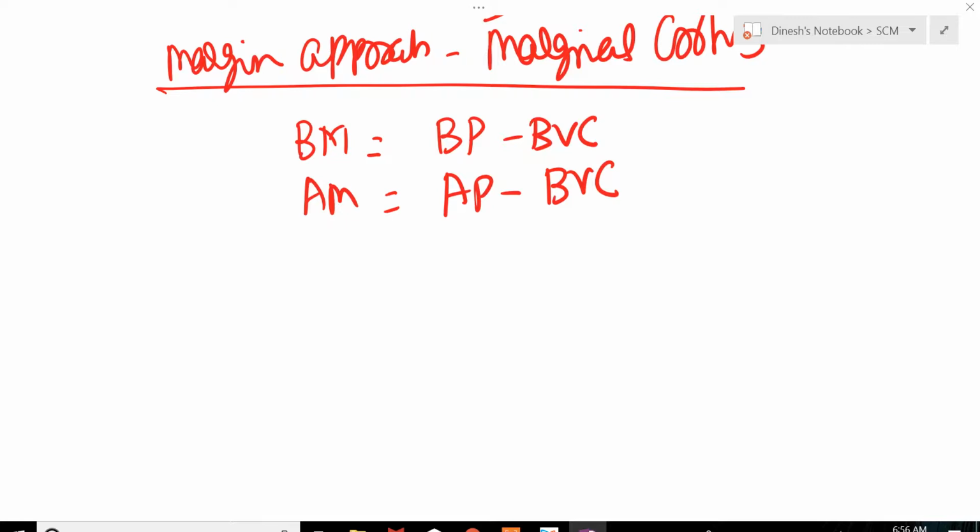Clear? Now we'll proceed with this to the question which we are doing. Any doubts on this? Now let's do first under absorption costing. Next, the problem which we were solving.